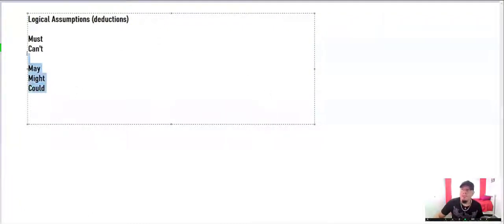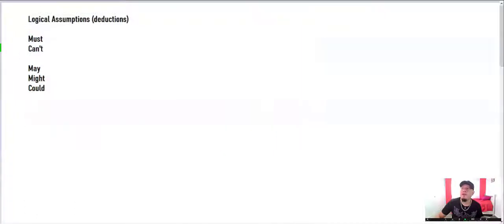If all of them have this function, what's going to be the difference? That's an important thing for us. We divide these 5 modal verbs in 2 groups. One of them, obviously, being the first, the must and can't.